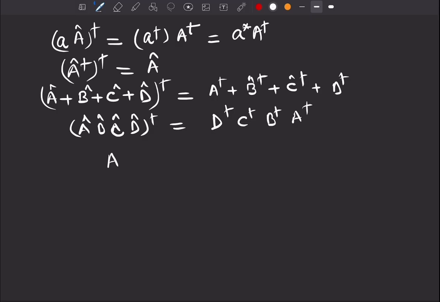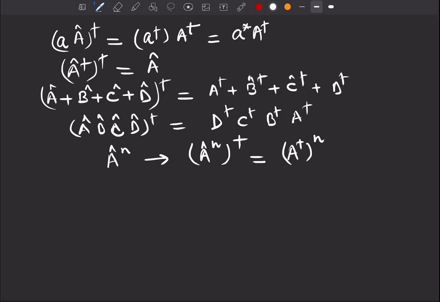If we have an operator and n, then the adjoint of the operator to the power n is given by the adjoint operator to the power n.